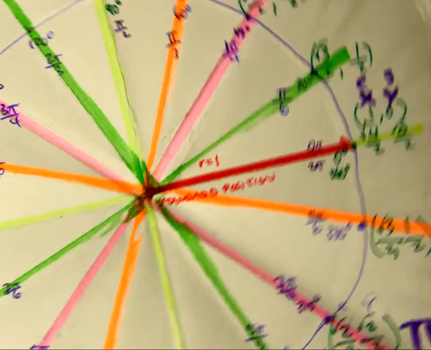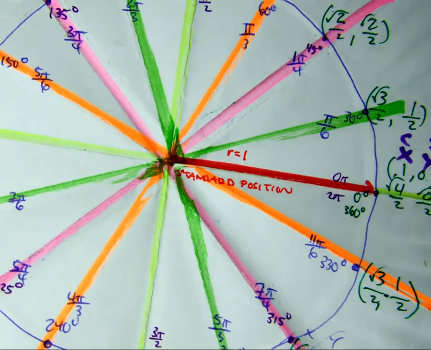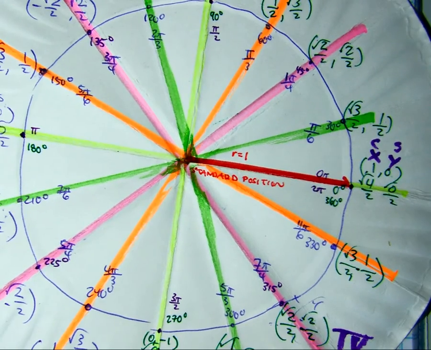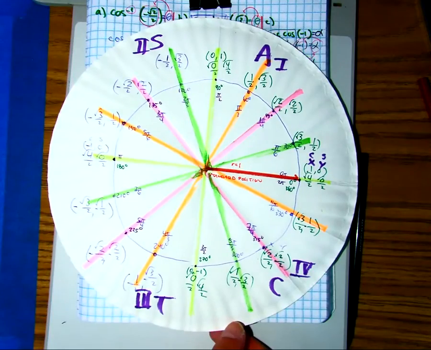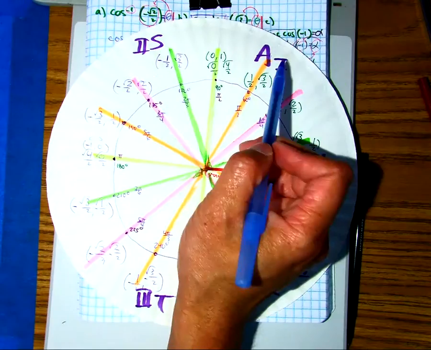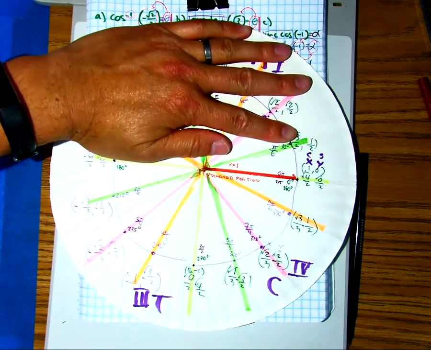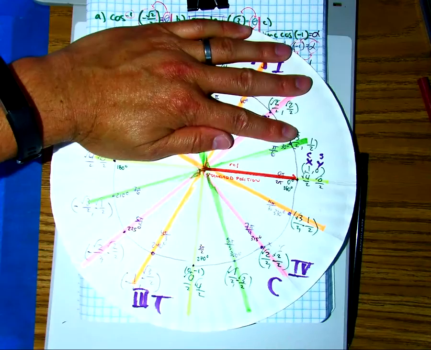Maybe it's helpful to find out the other way. Where is sine positive? Sine is positive in quadrants 1 and 2. Okay. So that means they're negative down here. Where is sine negative radical 3 over 2?